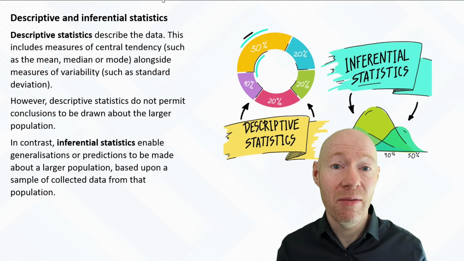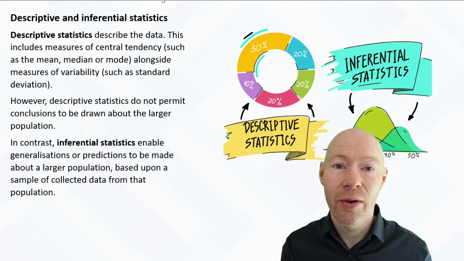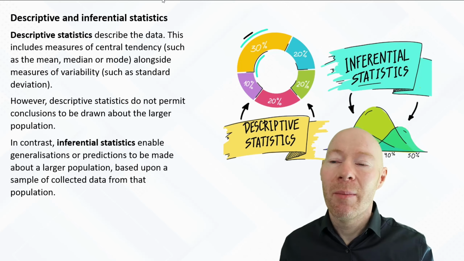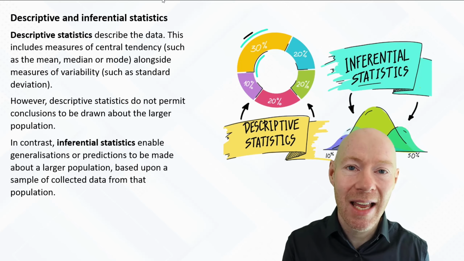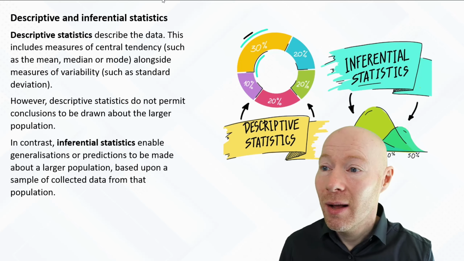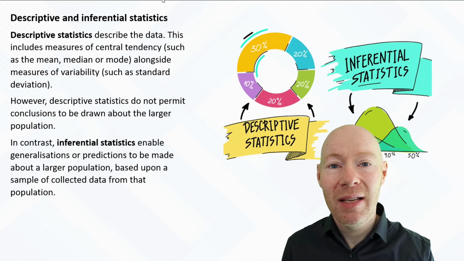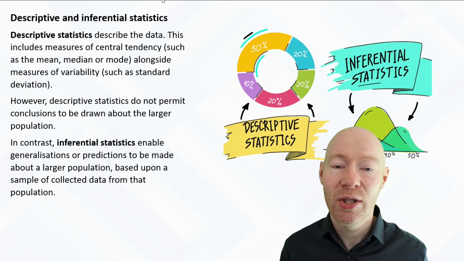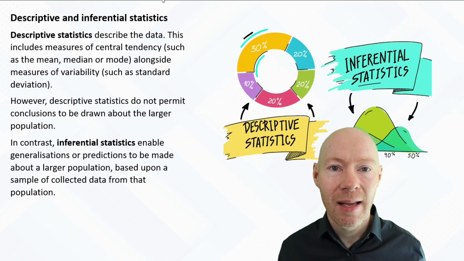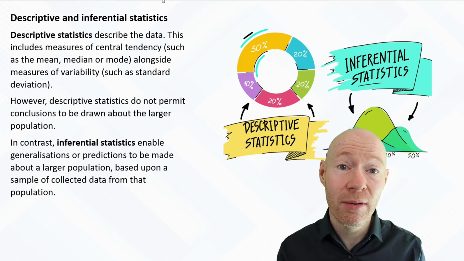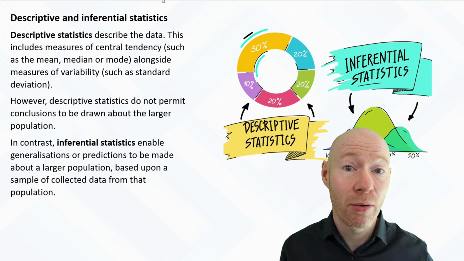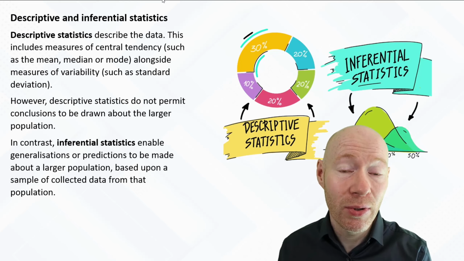We might pick the middle or the average value as our measure of central tendency, where the data tend towards. Alongside measures of variability, these are things that tell us how spread out the data is. Are all of the values grouped together, or are they spread over a much wider range? That's simply those types of measurements.